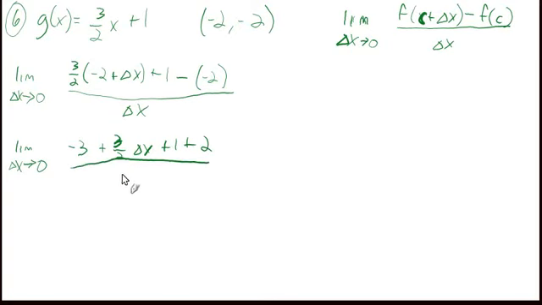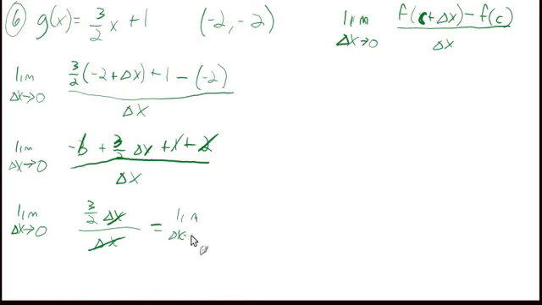Let's not confuse anybody, let's put delta x down here. -3 plus 1 plus 2, they cancel each other out. So let's rewrite this limit, delta x approaches 0. And we see the delta x's are going to cancel each other out now, and this is the limit.